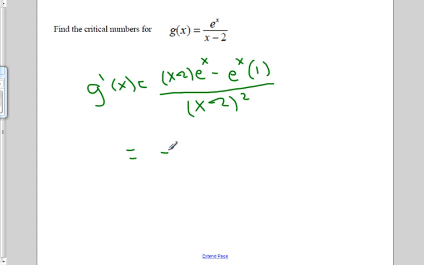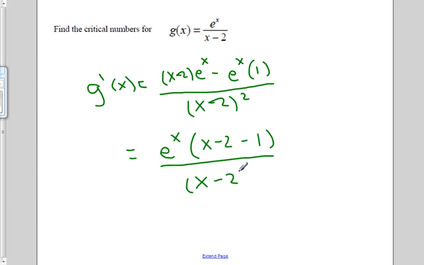So now let's simplify that a little bit. We can pull out an e to the x, and what I'm left with is x minus 2 minus 1, all over x minus 2 squared. So when will g prime of x equal 0 or be undefined?